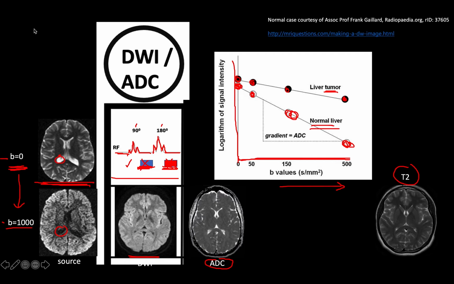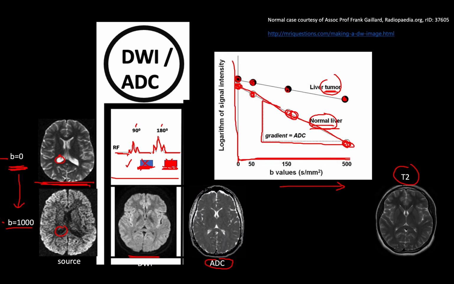If you compare the two, which one would give you a greater loss of signal? In other words, which of the two lines will give us a steeper slope?